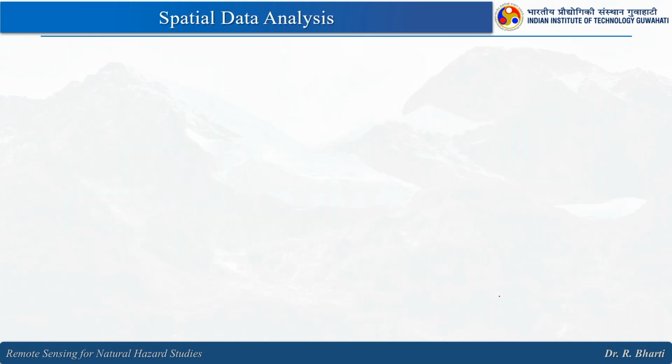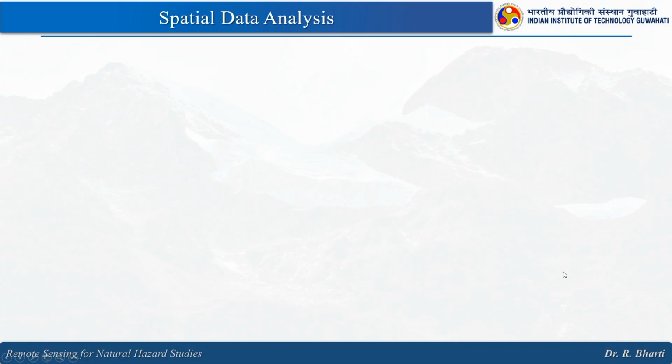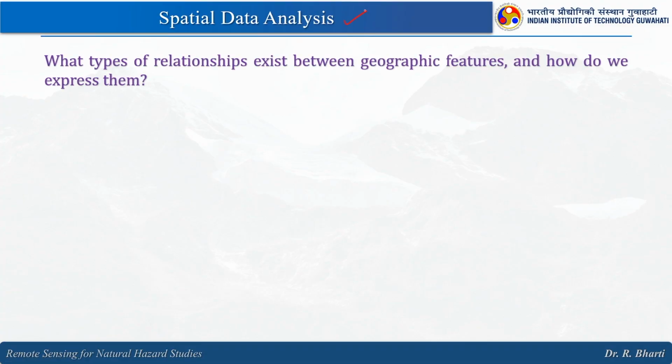Now, we will talk about spatial data analysis, right. After we have converted our data to a reference system, with latitude and longitude, now comes how we will analyze these information or maps or data sets in the GIS environment. So, what type of relationship exists between geographic features and how do we express them?